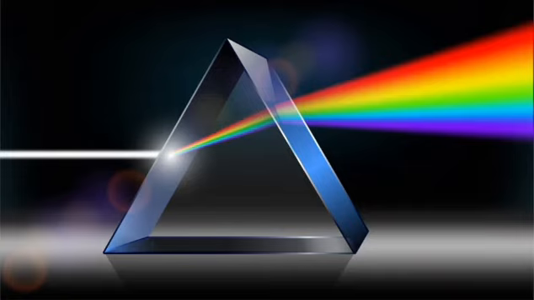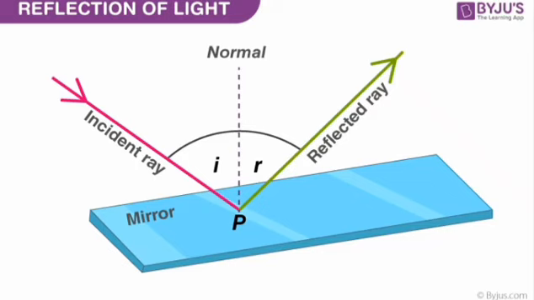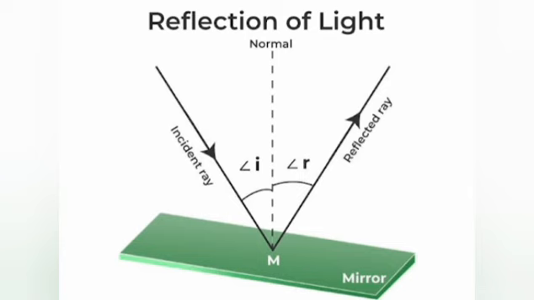Light exhibits some characteristics, that is, it has some properties like reflection, refraction, diffraction, and it also undergoes interference. If you still remember when we discussed sound energy, we also discussed some of these properties, and I told you then that sound undergoes reflection, refraction, and interference.